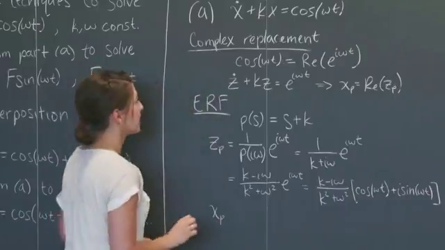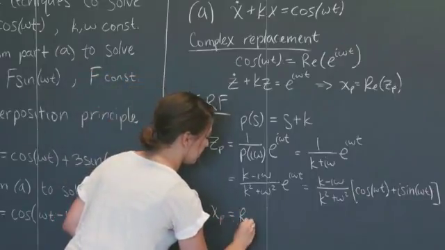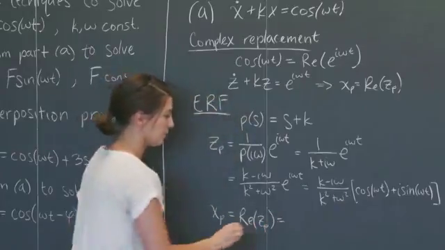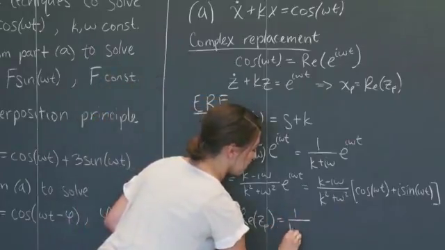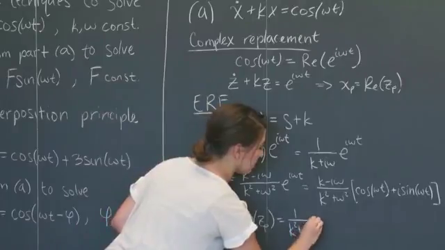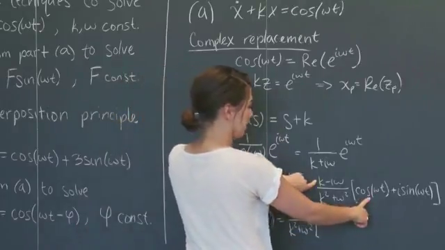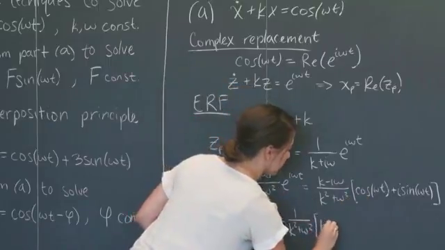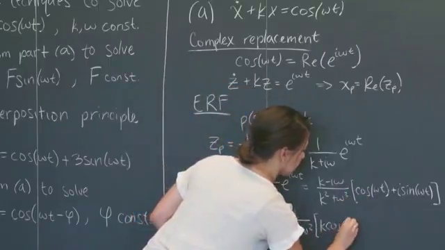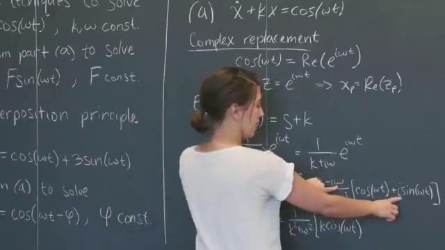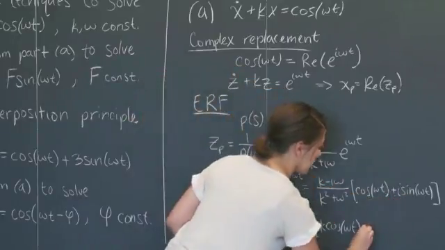Now we just need to take the real part of the solution to get x sub p, our particular solution. So x sub p equals the real part of z sub p, which is equal to 1 over k squared plus omega squared times k times cosine omega t, which gives us a real part, and then minus i omega times i gives us a plus omega times sine of omega t.